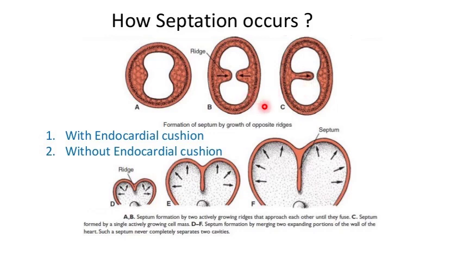This is what is seen in the interatrial septum and aorticopulmonary septum. Without endocardial cushion formation is seen in the interventricular septum formation, a part of it.